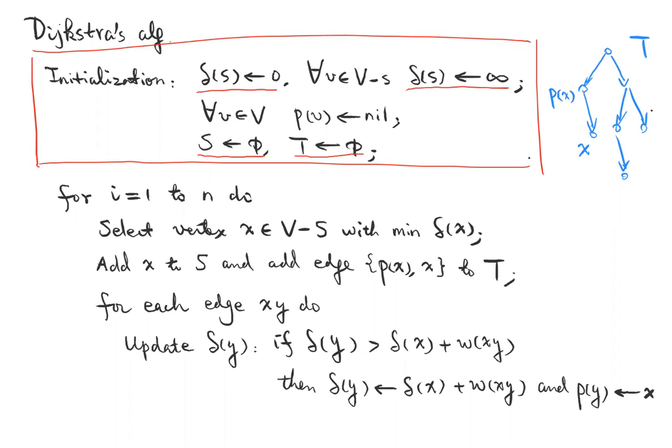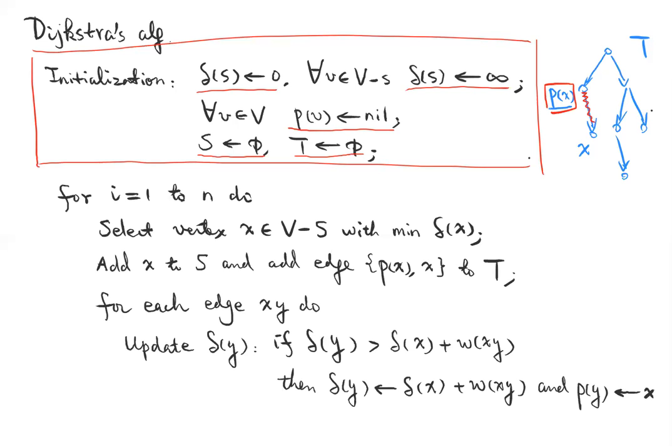So for each x, p(x) denotes the parent of x. So we know that we use this edge to reach x. The purpose of the parent is to indicate how we reach x, which edge we use. Initially, the parent of every vertex is set to nil. So nothing.